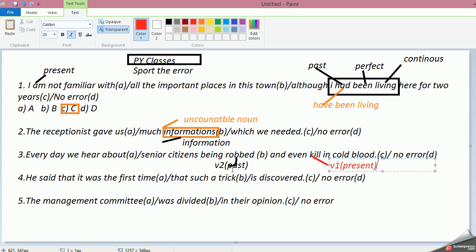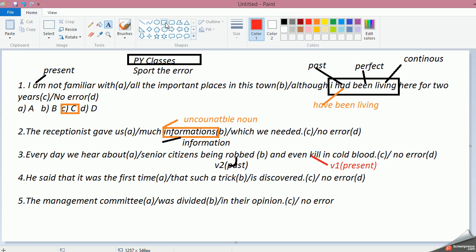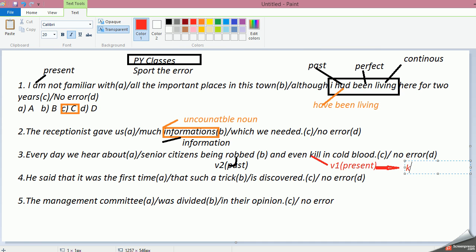But as I told you, the sentence is using v2. So here also, instead of v1, it needs to be used as v2. Instead of kill, we will use killed. v2 is the second form of the verb.